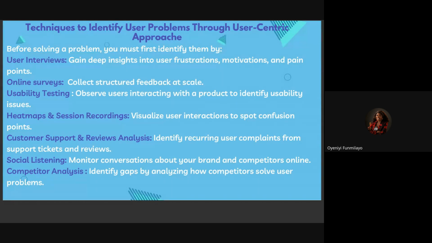And then another thing is competitor analysis. It's another way you can identify user problems. What you do is identify gaps by analyzing how competitors solve user problems. That's the same thing I do. I'm always on my competitors' app.